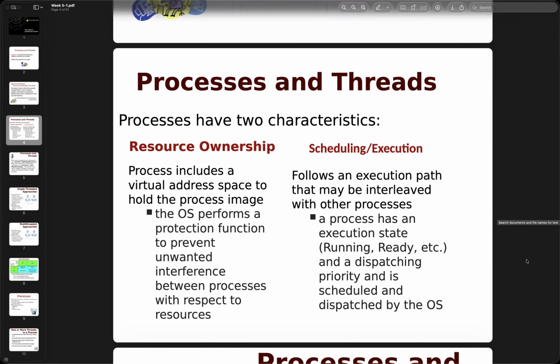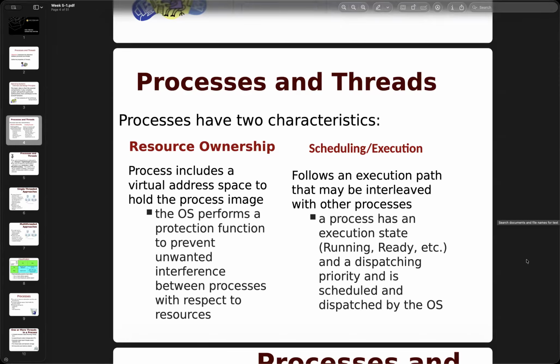The OS also performs a protection function, to prevent unwanted interference between processes with respect to resources. This is called resource ownership.